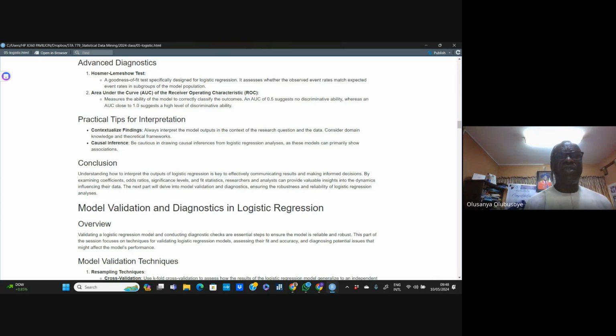Again, avoid causal inference. Causal inference in logistic regression, people do a lot.